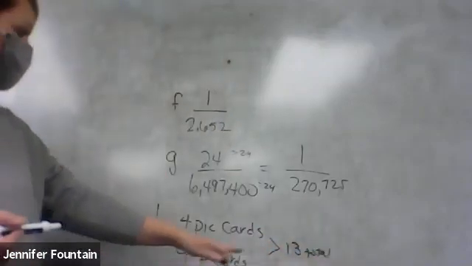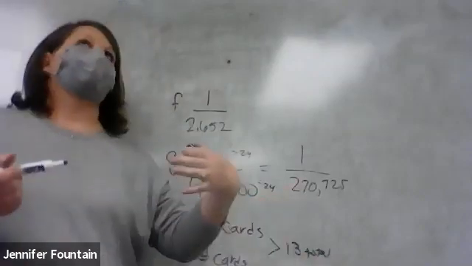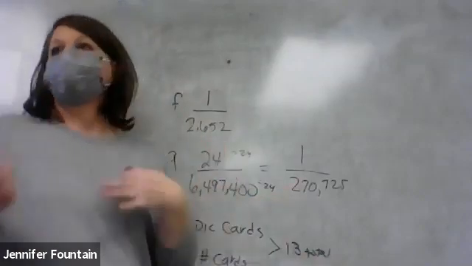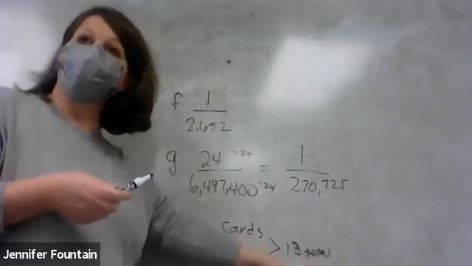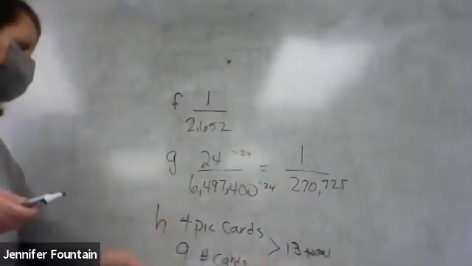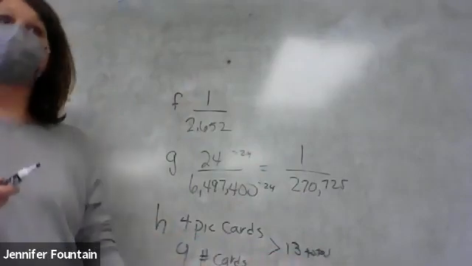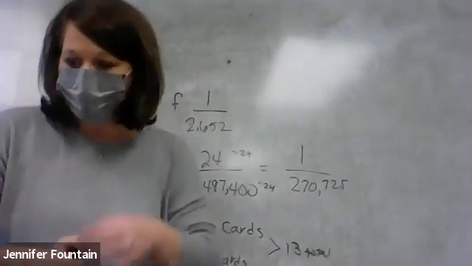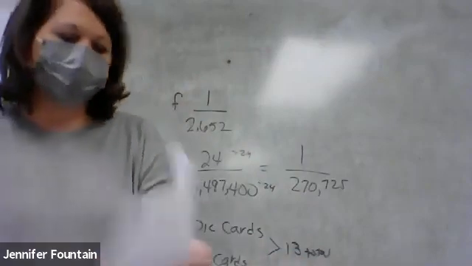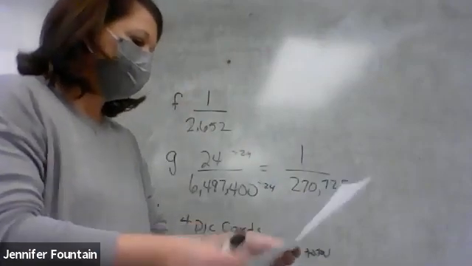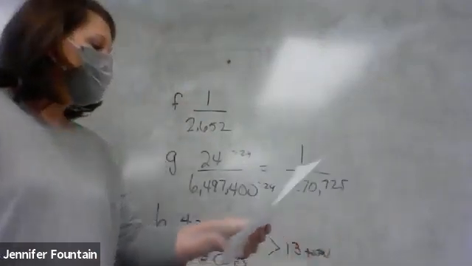Each suit, diamonds, spades, clubs, hearts, has 13 total cards. 4 of those are picture cards and 9 of them are number cards. So that's some of the things that I realized afterward that we did not discuss before I sent you home to do homework. So let's go ahead and adjust this one.